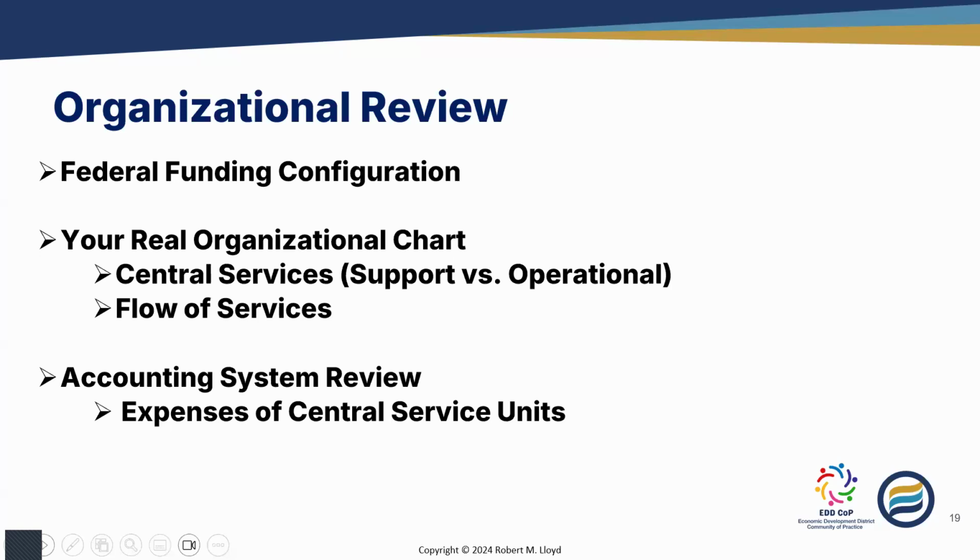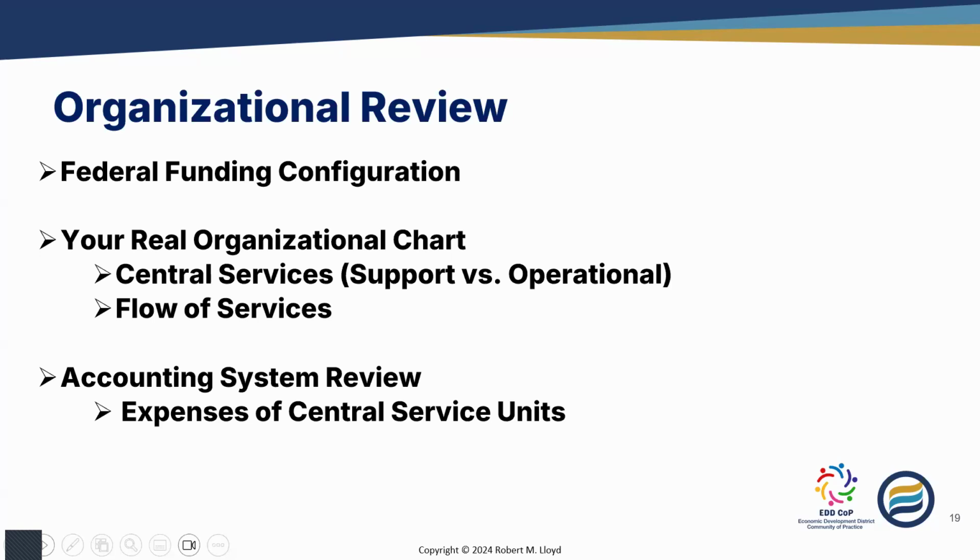And so things like I mentioned earlier, top management positions, such as executive director, finance office, human resources management, facilities management. Those kinds of things are organizational support arrangements that presumably benefit all operational activities of the organization. And what is the flow of services from the indirect support to those services? Which ones benefit and to what degree?